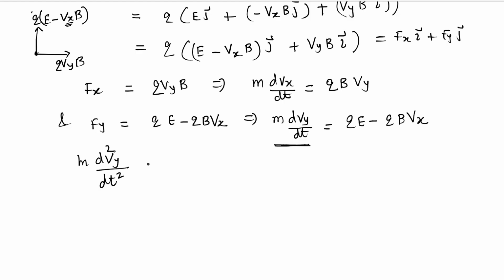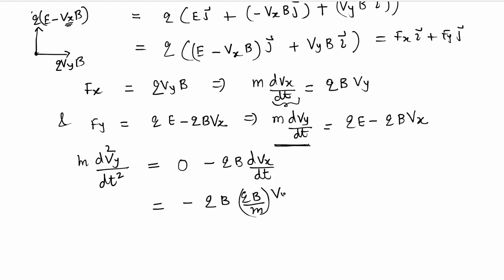So d2Vy by dt square is, this one is 0 because q and E both are constant, and this will be qB dVx by dt. Now we already got the dVx by dt, so we can use this and write minus qB and then qB by m Vy, right?